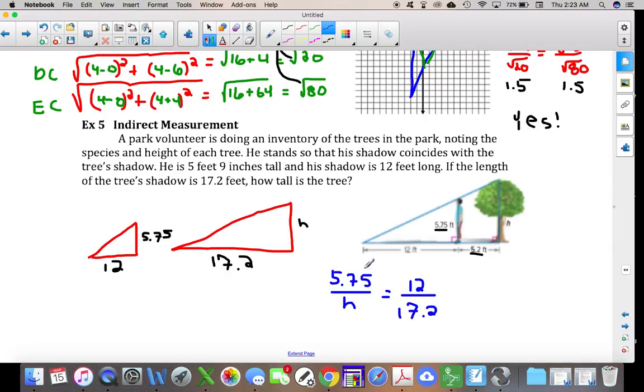And this one I did not calculate out ahead of time. If I cross multiply 5.75 times 17.2, let's see if I can do this in the dark. 5.75 times 17.2 is 98.9. And that's going to be equal to 12H.